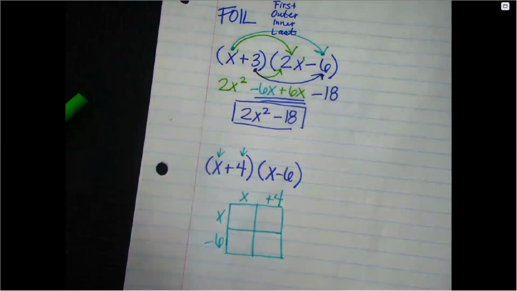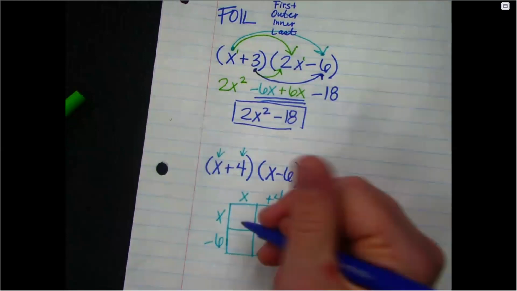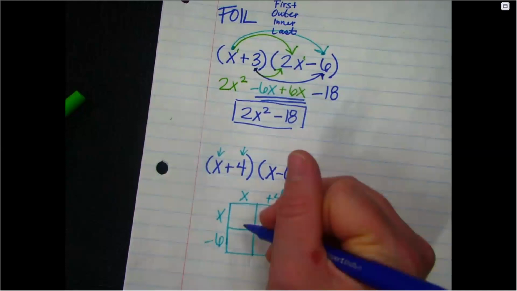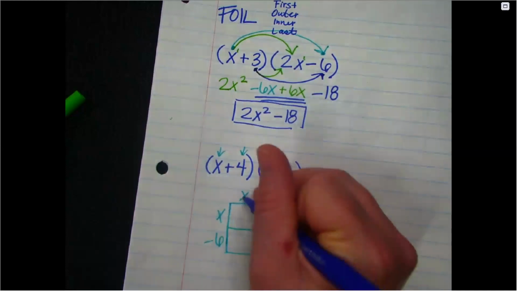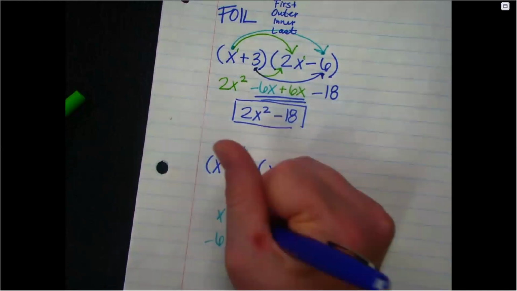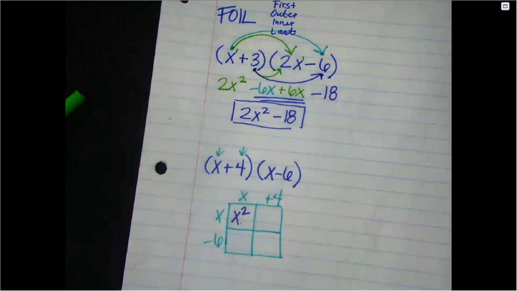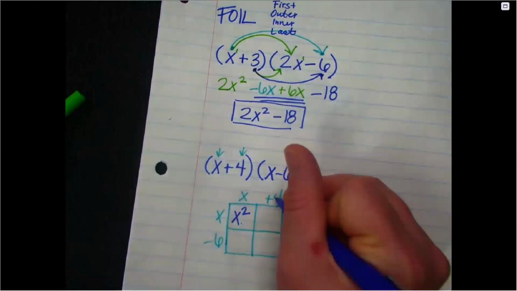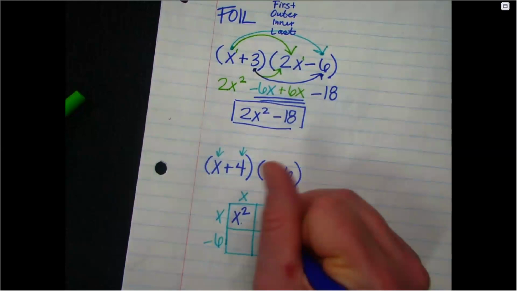So to get inside the box, you multiply who's on the top. So the top of this one is x times the side is x. What's x times x? X squared, that's right. Because when you multiply like bases, you add exponents. Then on top of this one, we've got positive 4 times x. What's 4 times x? 4x.